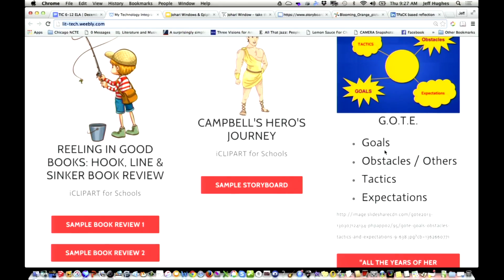And also, if you're familiar with some drama activities, including VOTE, Victory, Obstacles, Tactics, Expectations, or a variation, GOTE, Goals, Others, Tactics, Expectations, you can see how we can use storyboarding to create a character analysis as well.